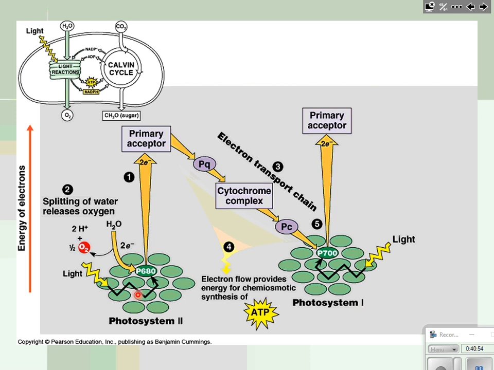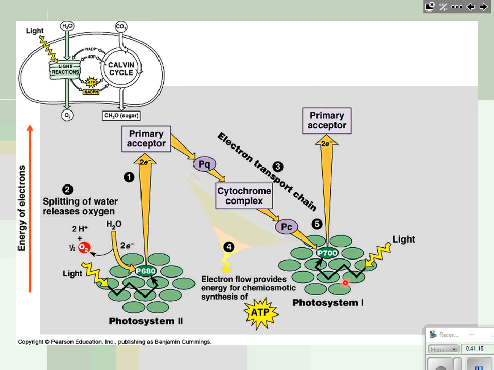So I know it's backwards. The first photosystem to receive light energy is photosystem 2, and the second photosystem to be energized by light is photosystem 1. Okay, so you just have to get used to the fact that they're numbered backwards.